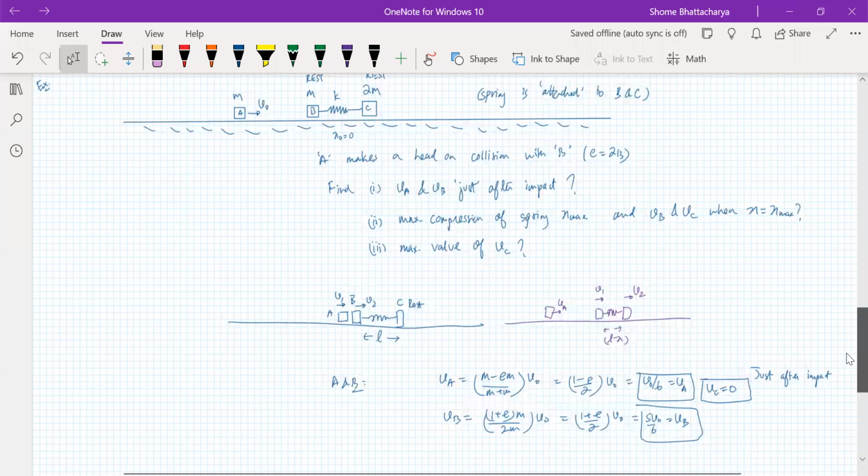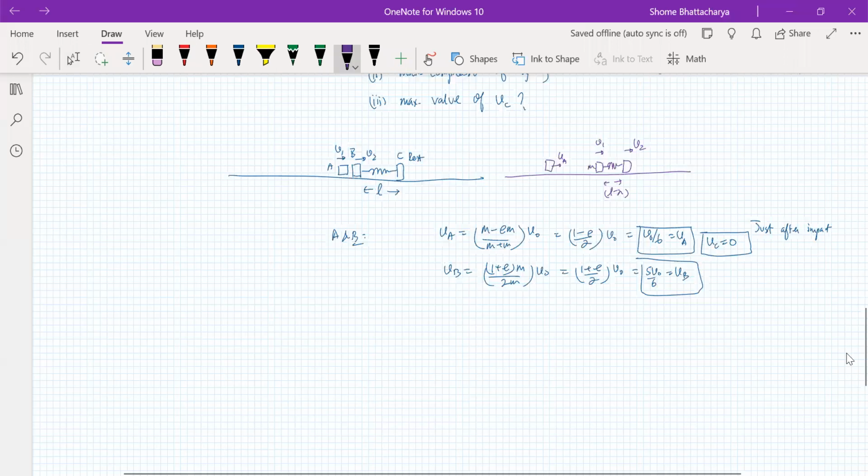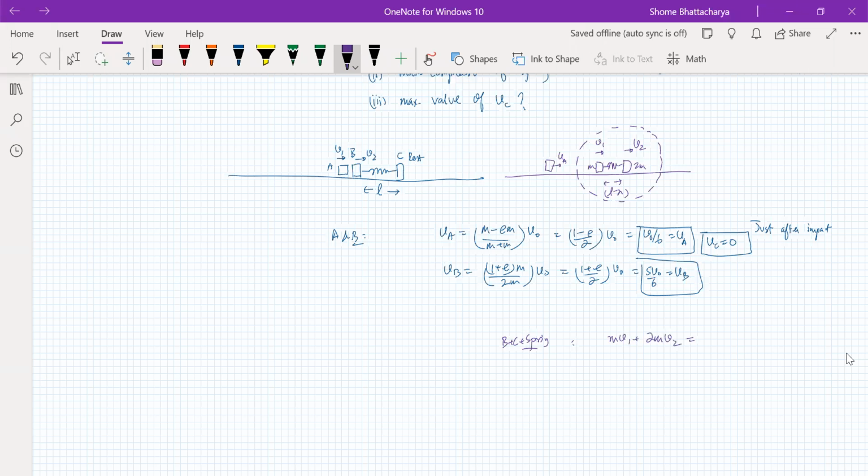So now we can see that in general, we take this as a closed system. So we have mv1 plus 2mv2 at any point of time is mvB just after impact.